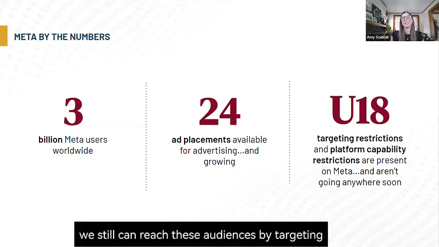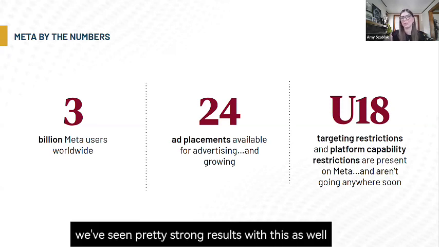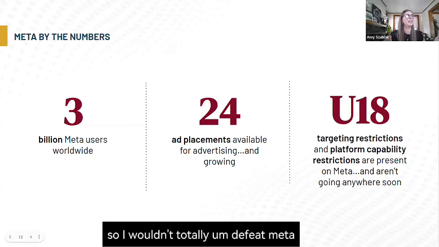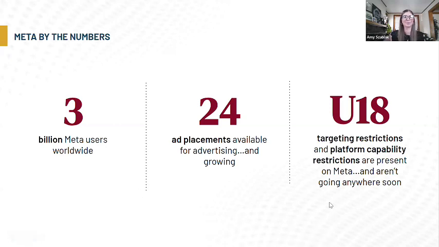Saying that, we still can reach these audiences by targeting just by age and geo. And on our own campaigns, we've seen pretty strong results with this as well. So I wouldn't totally defeat Meta when it comes to reaching that under 18 audience.